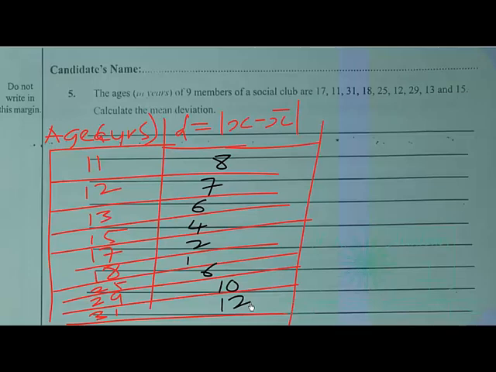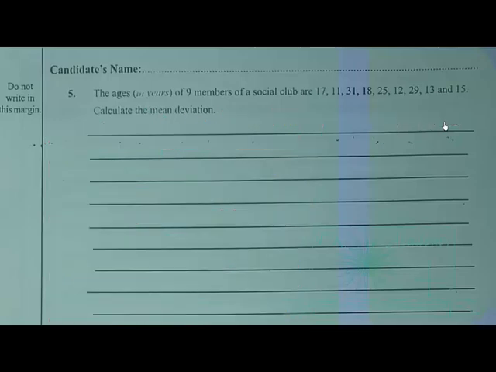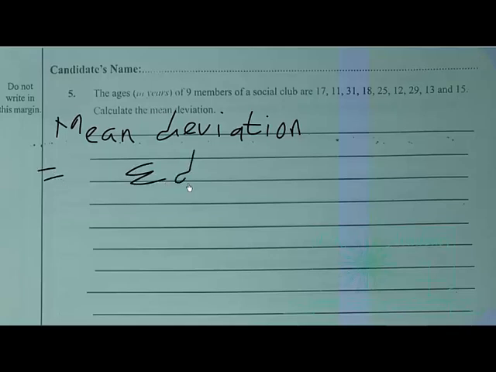So we need to find the summation of the deviations, and when we add all these, this will sum up to 56. So the mean deviation is equal to the summation of the deviation all over n.